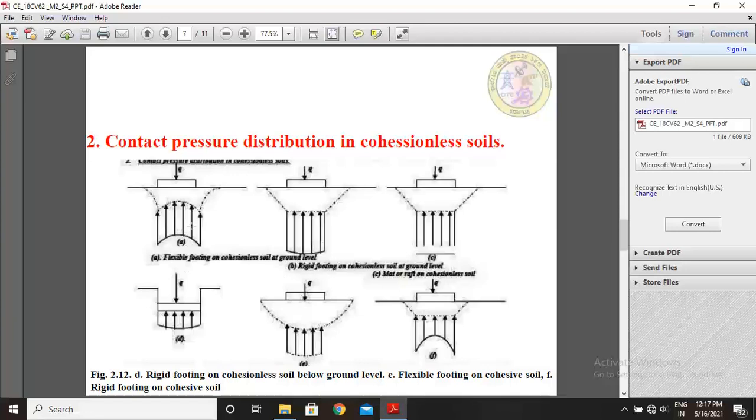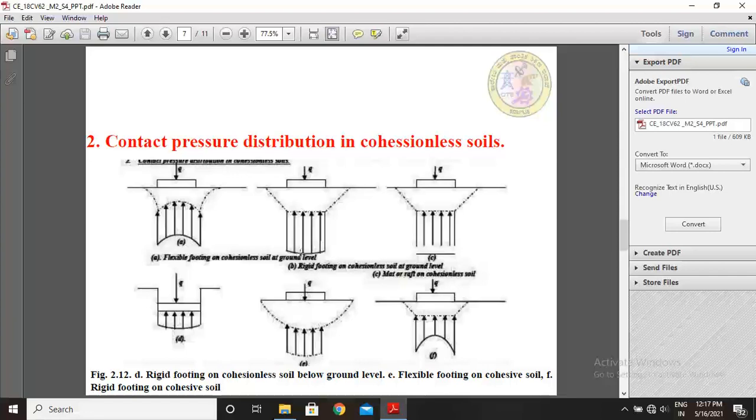For flexible footings, if we are applying loads, how is contact pressure developed? While increasing the loads, pressure is developed in this shape. This is the contact pressure shape for flexible footings.